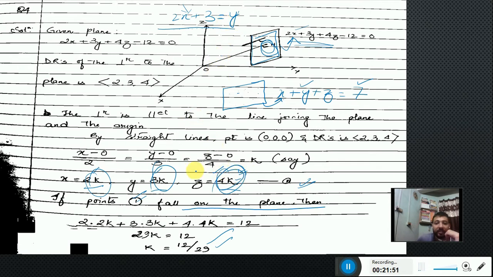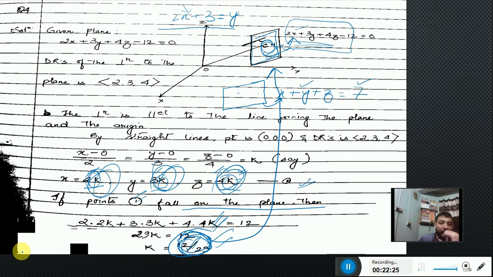If I say these points are lying on the plane, then these points should satisfy the plane. Clear? So once you get k from the plane, you can say that if I have this k, then the point will be lying on the plane. So if you put your k value here, here and here, this will give you a point which will lie on the plane.